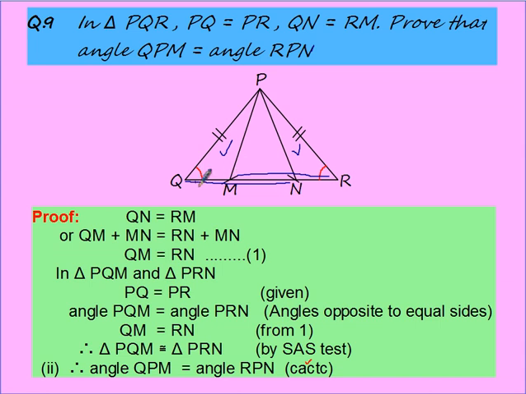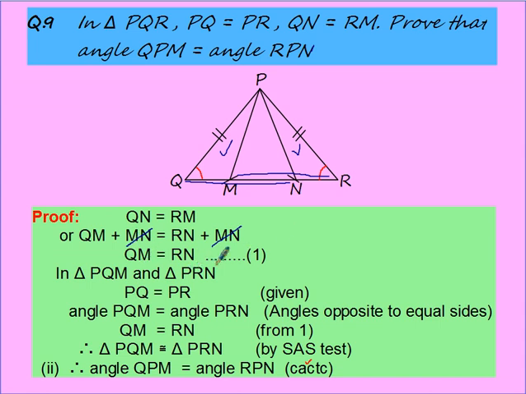Once they have given QN and RM, what I am doing is, I can split QM plus MN, and RM also I can split, RM plus MN. Now this MN will get cancelled because it is common to both. So I got QM and RN.